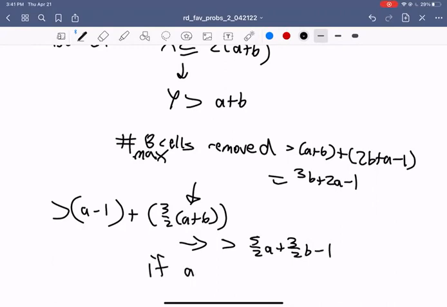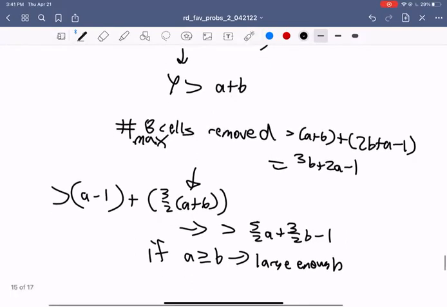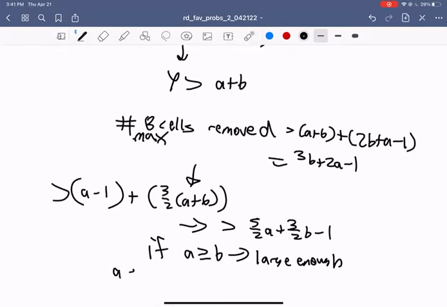If a is greater than or equal to b, this is large enough, such that we also won't have to worry about a, because even if we remove up to 2a plus 2b plus 1 amber cells, this is more than that, or at least equal to that. So now we have to deal with the case where a is less than b.